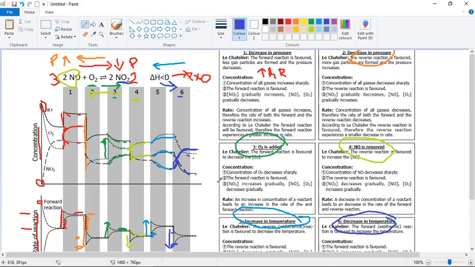So the two graphs are similar, but they're not the same. But you just have to say, okay, if the forward reaction is favored, my product will increase. If the backward reaction is favored, my product will decrease and my reactants will increase. And you figure out which reaction is favored by doing the opposite of whatever change was put on the system.